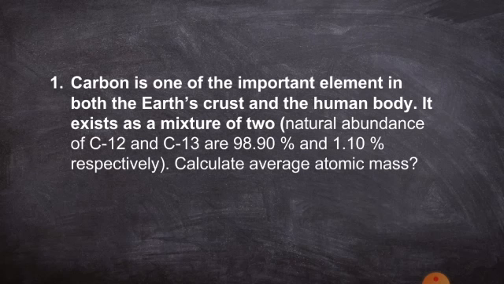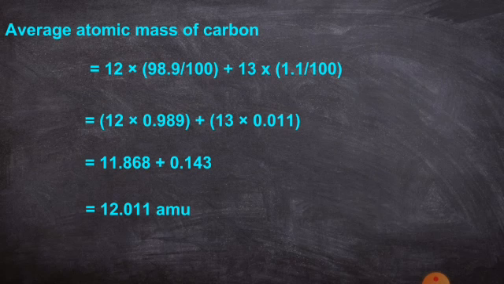Now you have to apply it in the formula, then finally you will get the average atomic mass. So average atomic mass of carbon is equal to the mass of carbon 12 into percentage abundance of carbon 12 plus mass of carbon 13 into percentage abundance of carbon 13, that you have to write first. Then only you have to substitute the values.